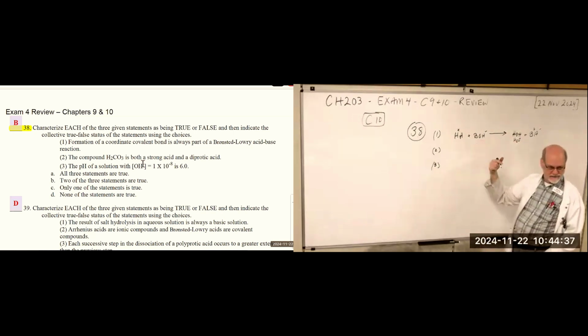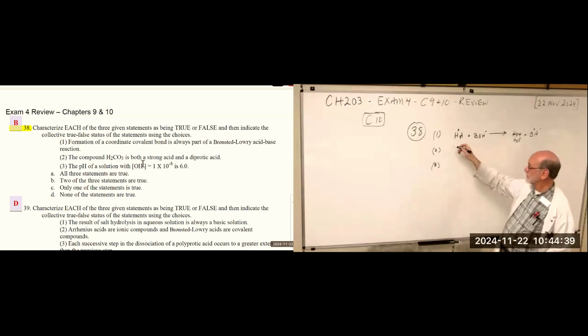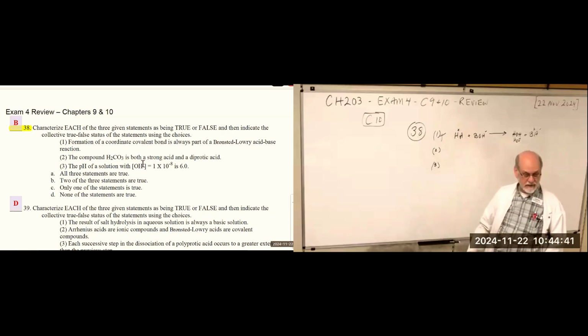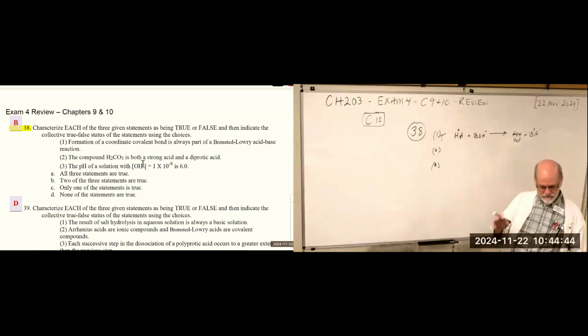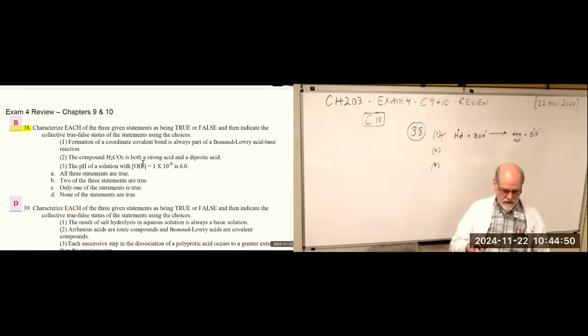One side only. So that's true. Right? A Bronsted-Lowry acid-base reaction is always a coordinate covalent bond formation. Yeah, one is true.